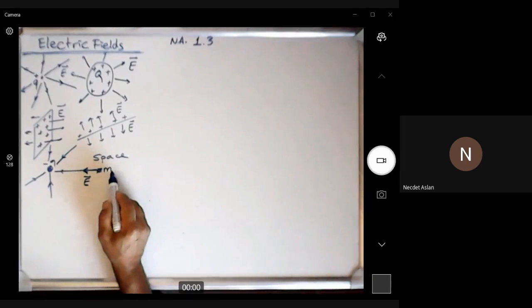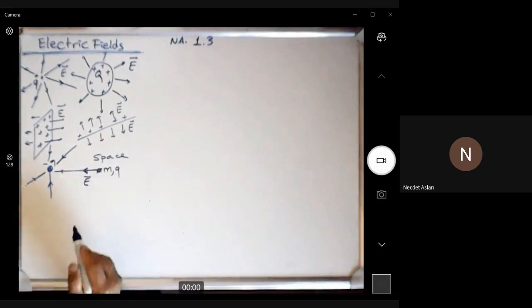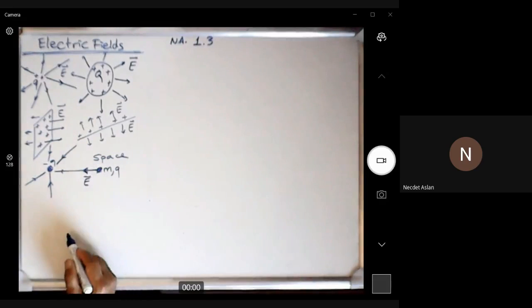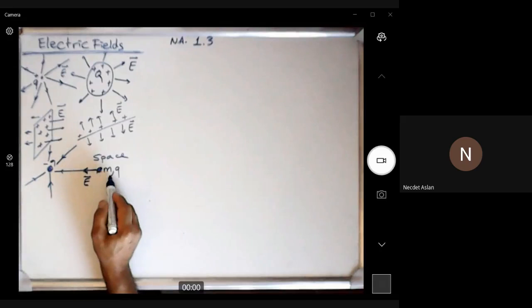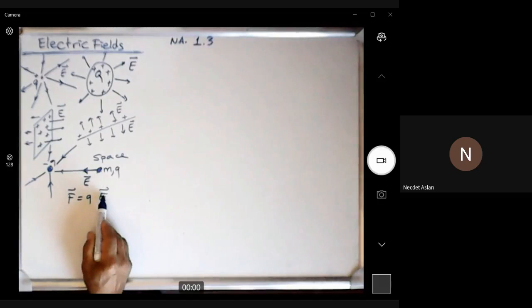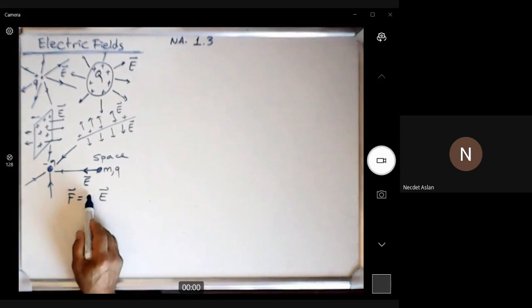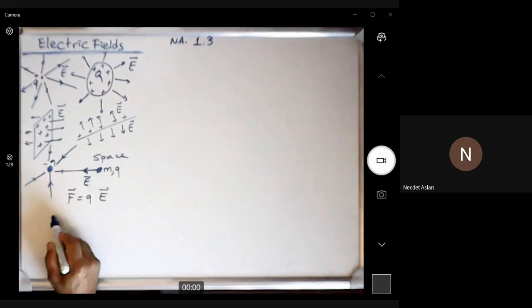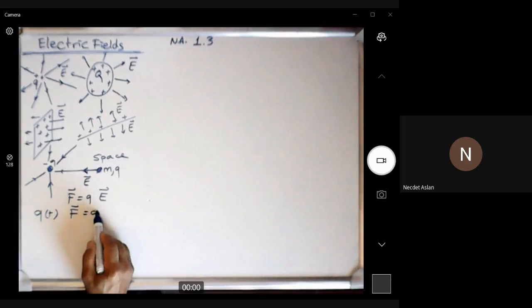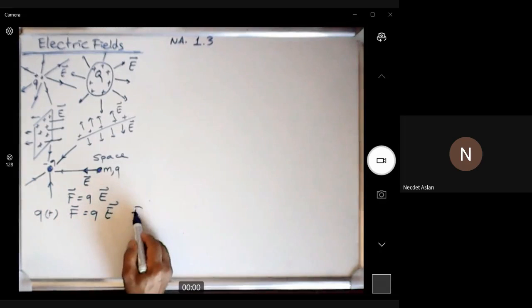But once you put a charge on this, plus or minus, then this electric field will exert a force on this charge. And this force will be given by QE. As you see, this force depends not only on the direction of the electric field, but also on the sign of the small charge, the test charge, let's say Q. So if Q is positive, then F equals QE, so F will be parallel to the electric field.